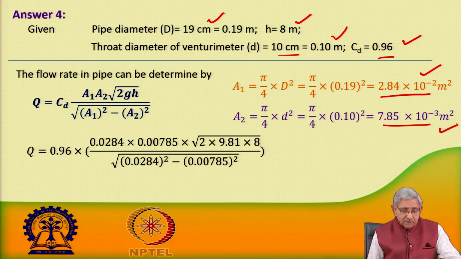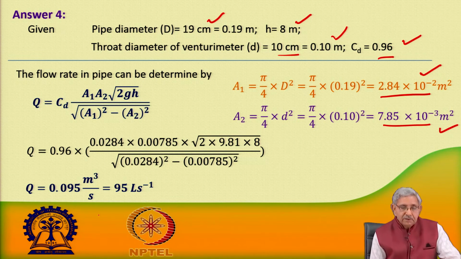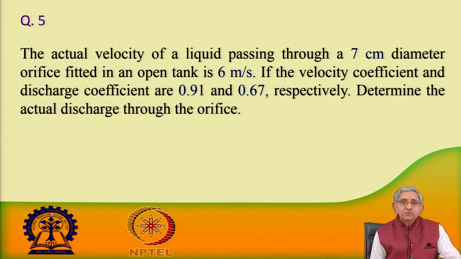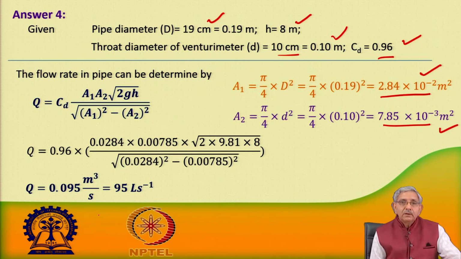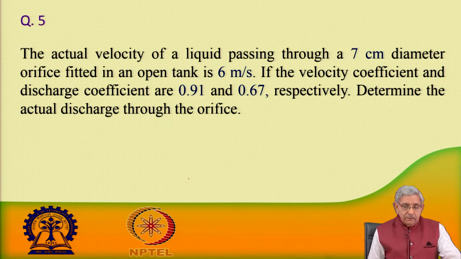We are getting the value as 0.095 cubic meter per second, which can be written in liter per second as 95 liter per second. This way we got the discharge through the pipeline.